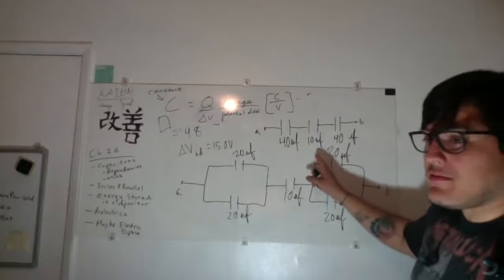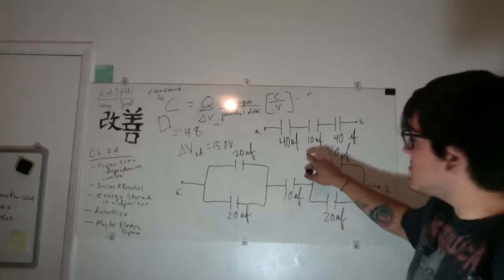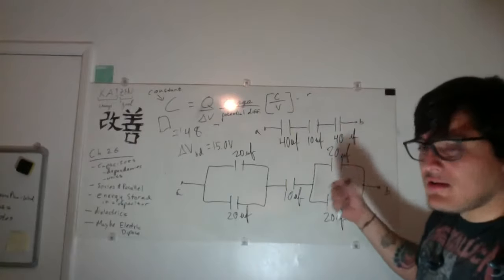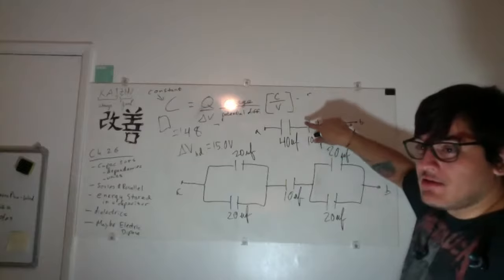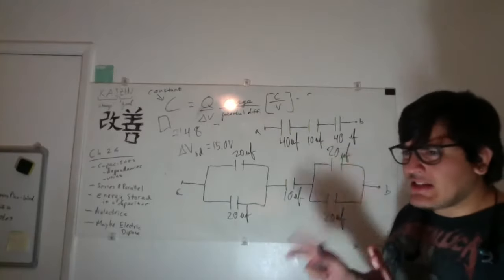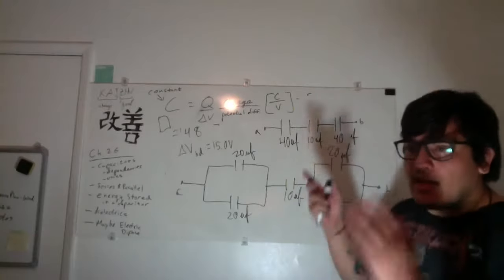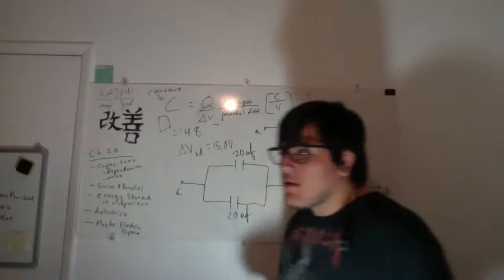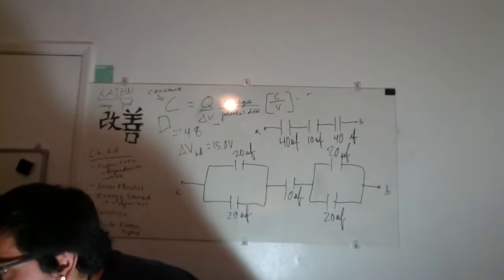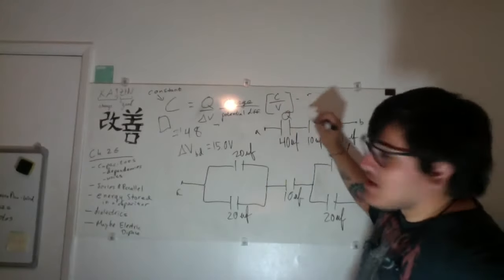So if you have a lesser capacitor, a little weaker, then that's going to break down first before these two do. Does that make sense? Because this is 40, this is 40, so they will break down at the same time. Yeah, they all have the same charge Q because of series.